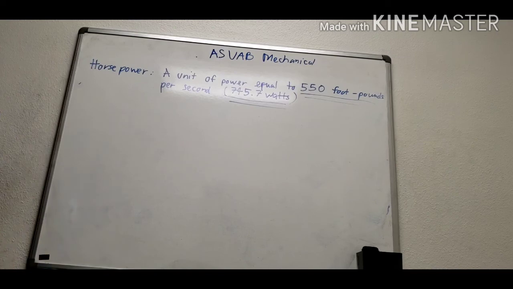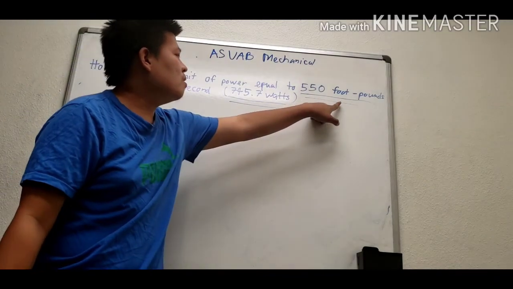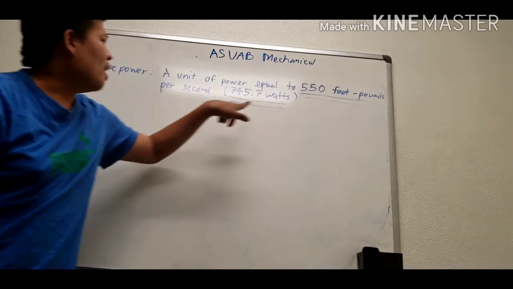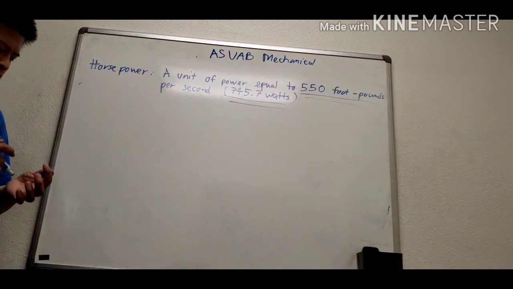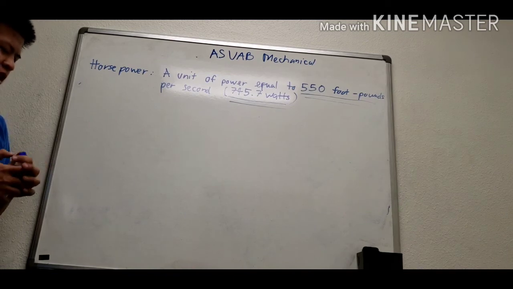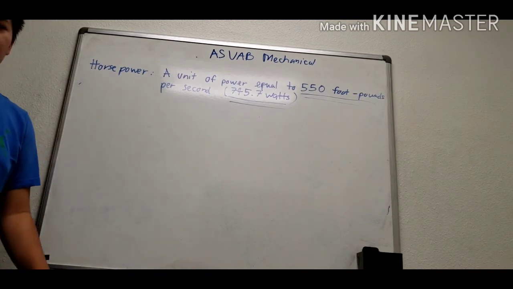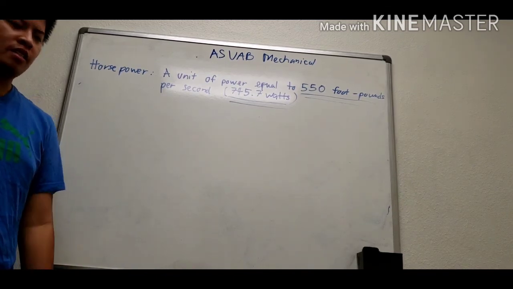These numbers are on the test. They will ask what is the horsepower, what are the units of the horsepower. That's foot-pounds per second and watts. So we need to remember two units and two numbers because this is so important for the ASVAB.